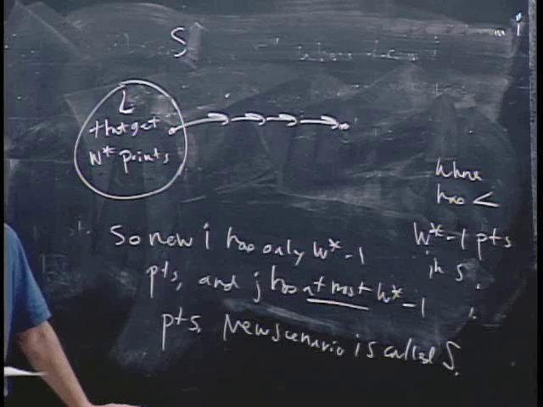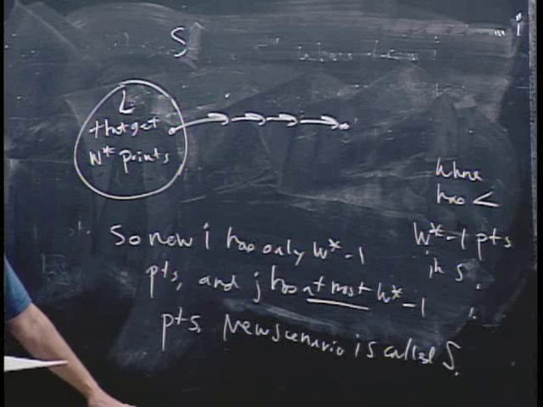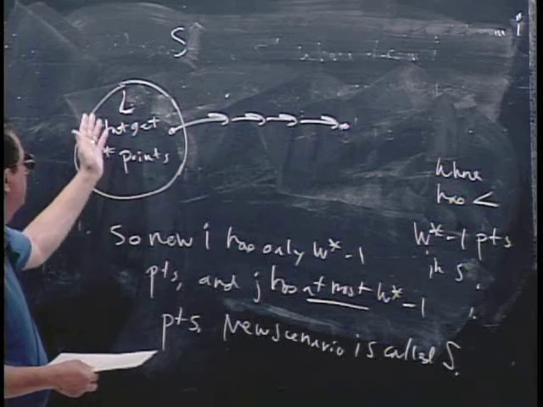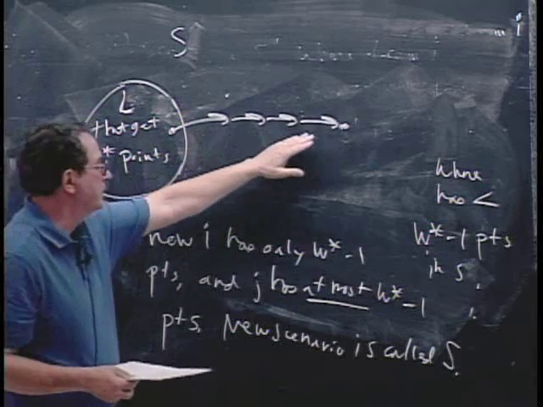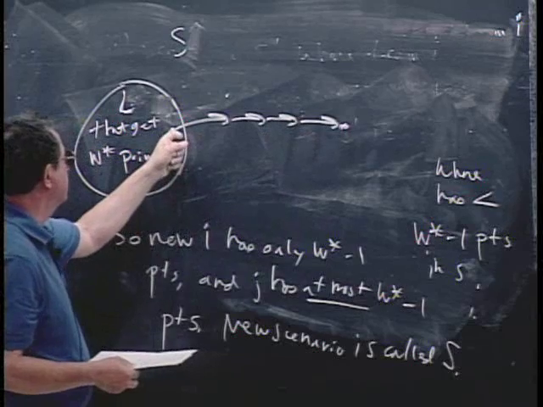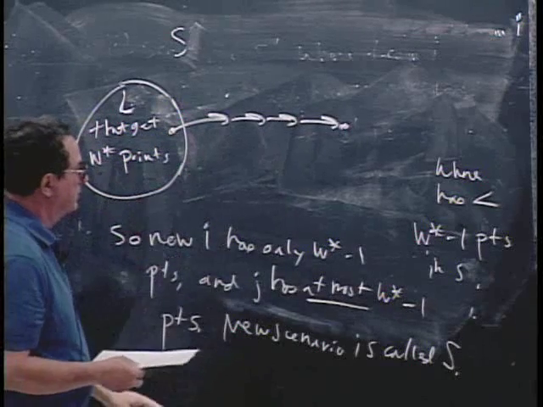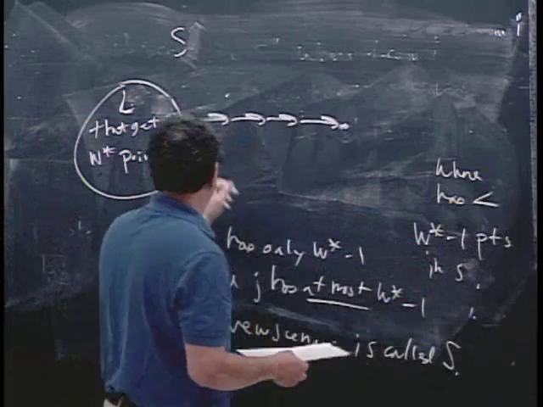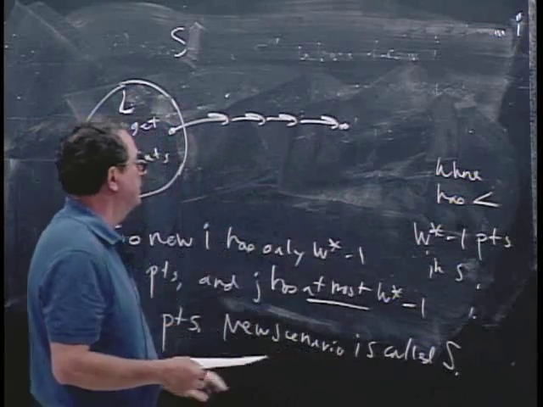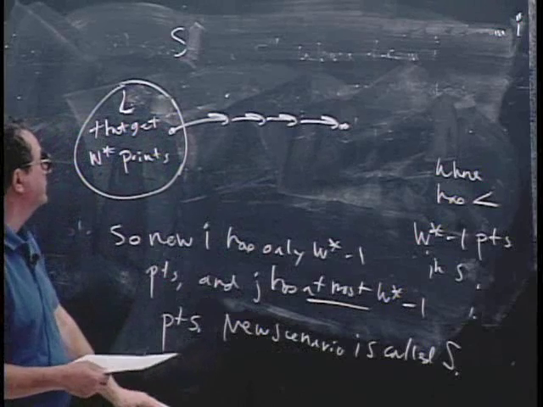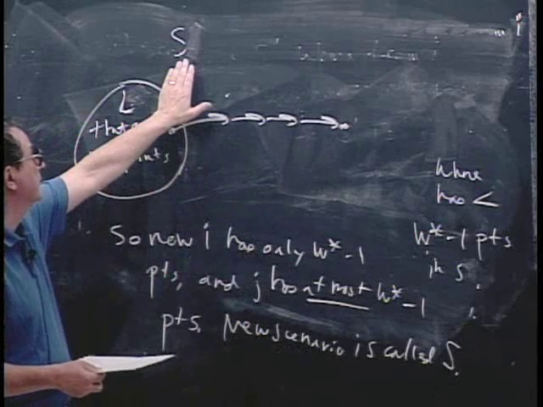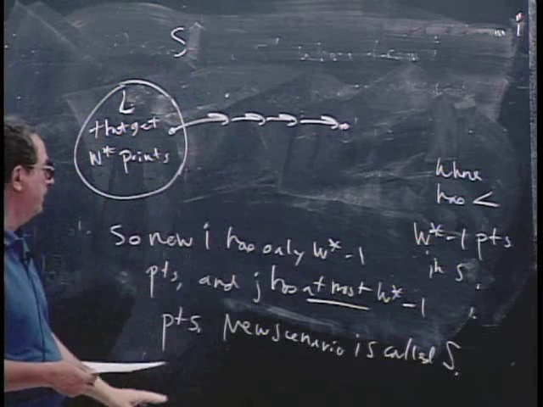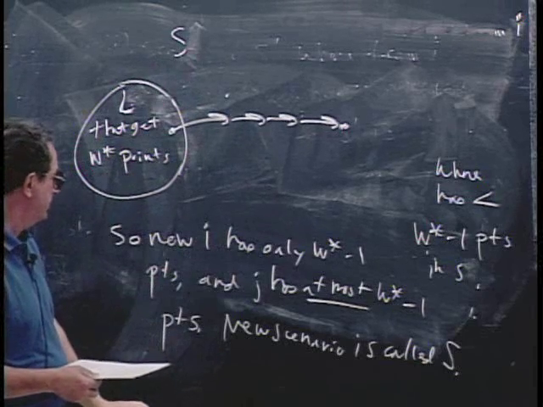So the algorithm terminates. Also, the algorithm is clearly polynomial. You're looking for these paths from an element in the set L to another element which has less than W star minus 1 points. And these paths are just based on the win-loss outcomes in scenario S. So we can certainly search for these paths and find them if they exist in polynomial time.